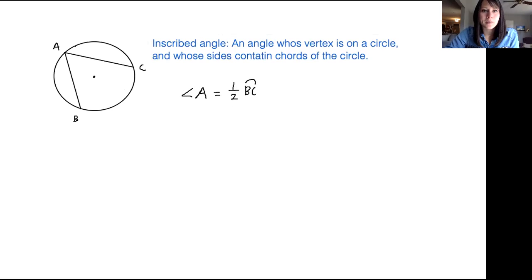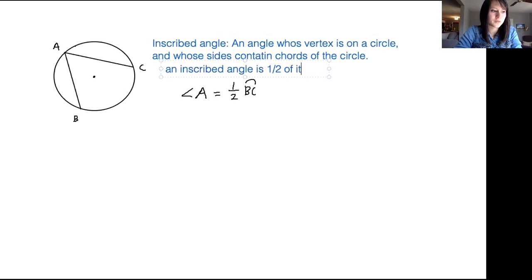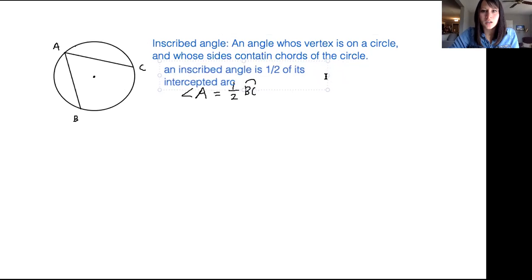Okay, so I'm going to add that little note right here. An inscribed angle is half of its intercepted arc. And really what that means is just the arc that corresponds with that angle. BC is the intercepted arc of A.